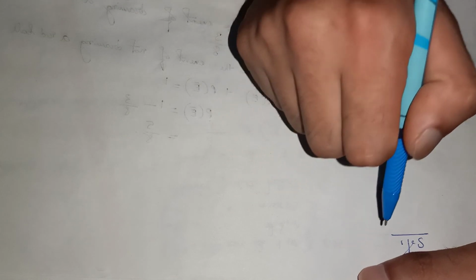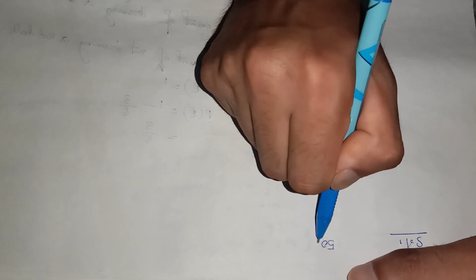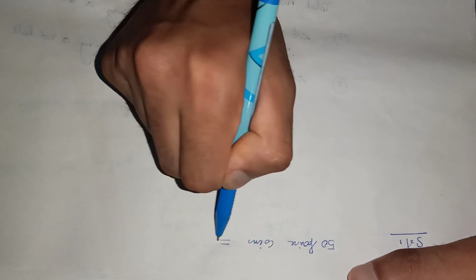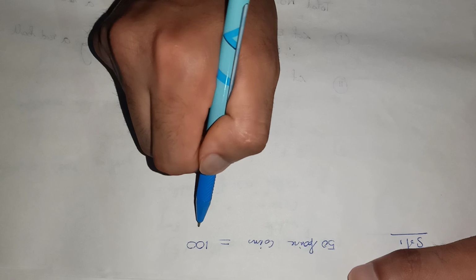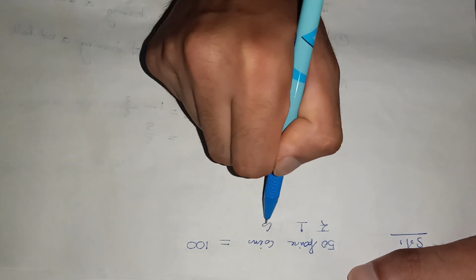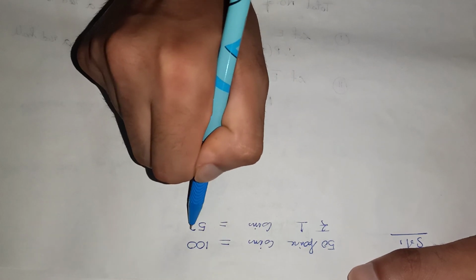Now, number of 50 paise coins is 100. So 50 paise coins is equal to 100. There are 100 numbers. Rupees 1 coins, there are 50 numbers.